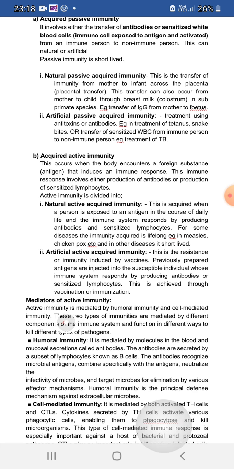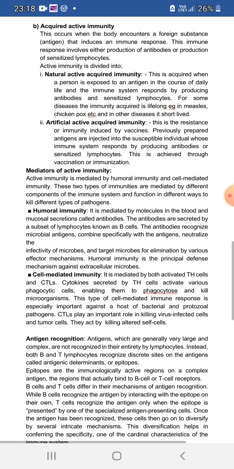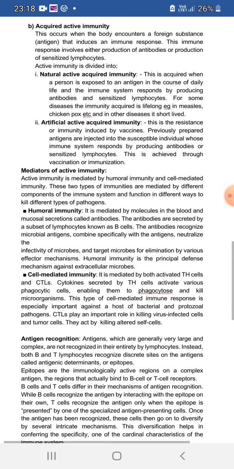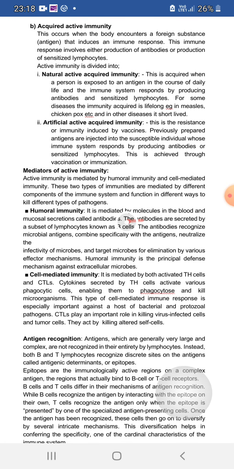This is sometimes referred to as another way of classifying active immunity. So active immunity can be classified into two, depending on what mediates it. So we have humoral and cell-mediated immunity. Humoral, we had talked about it, and we saw that it is caused by substances produced by immune cells.